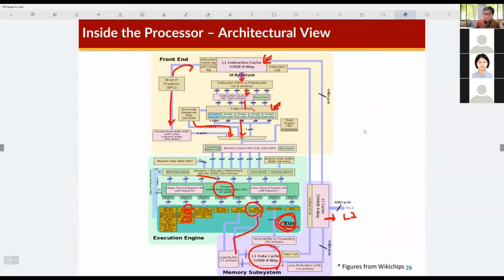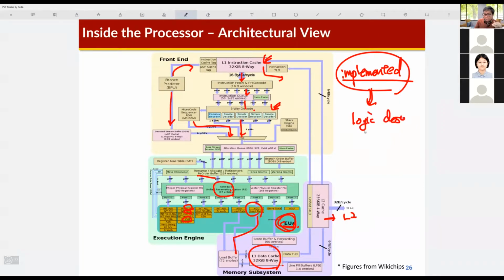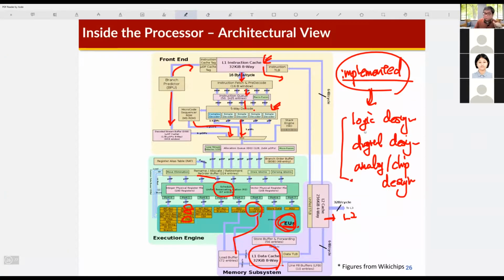But in this course, we do not learn how these blocks are implemented. This implementation is related to logic design, digital design, or some analog chip design. So this detailed knowledge is hidden.